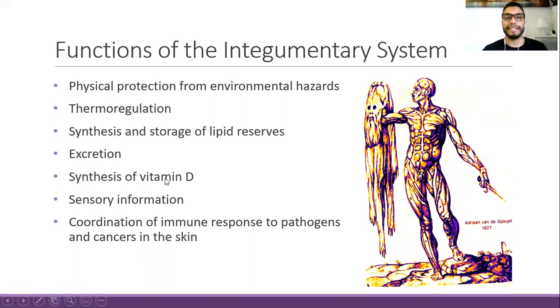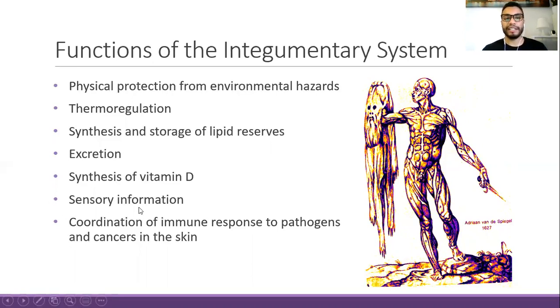Synthesis of vitamin D by the sun. With the help of the sunlight, the skin can help in the synthesis of vitamin D. Sensory information, because we have lots of sensory receptors in our skin that detect temperature, pain, vibration, pressure.